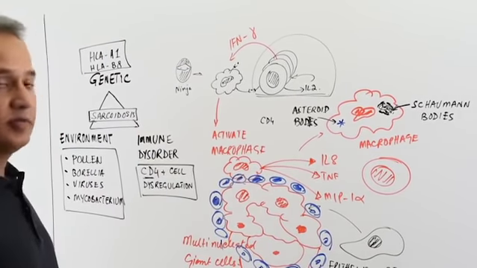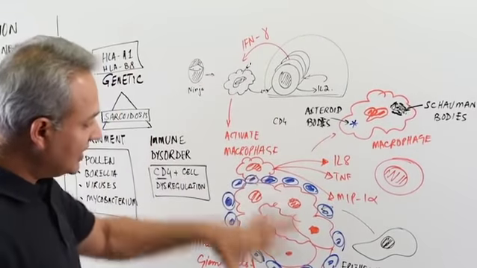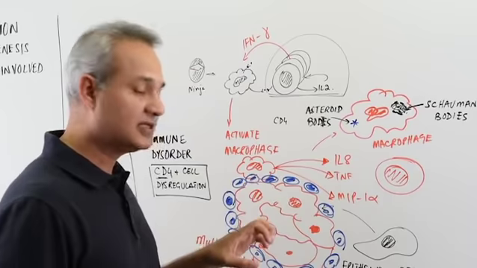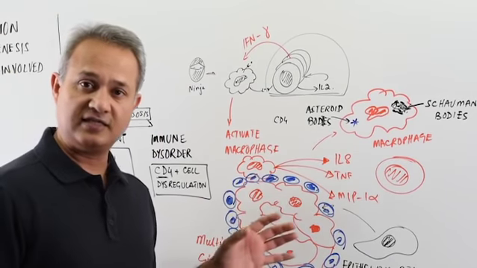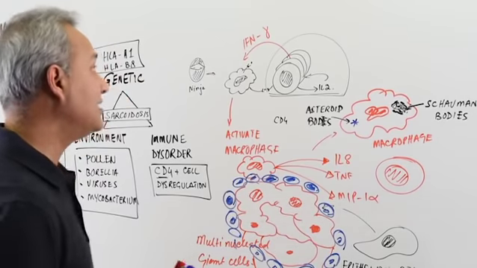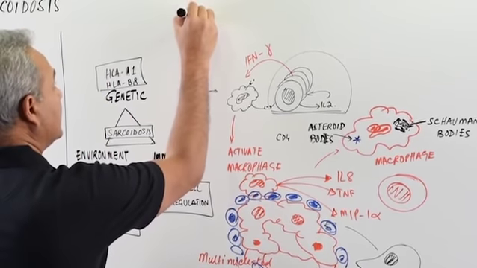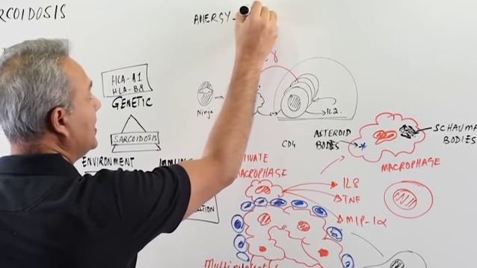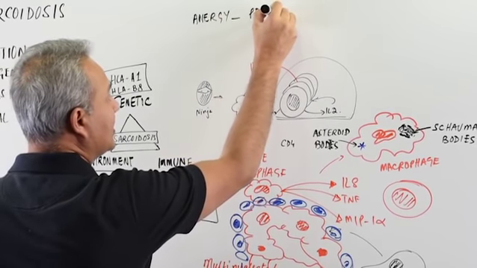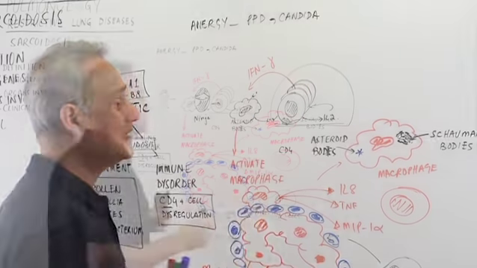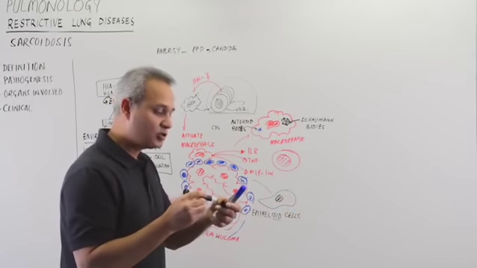At the same time, imagine with this pathogenesis, with this mechanism, what will happen to the CD4 cells? The CD4 cells are consumed, and due to that there will be anergy, anergy to PPD and candida like skin tests. So what does that mean?